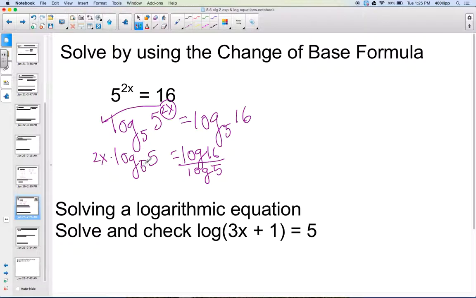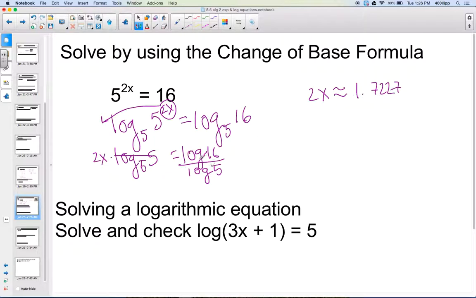For this, log base 5 of 5, we know that's a 1, because when these are the same number, it's just going to be a 1. So we'll get 2x is about, I'm going to evaluate log of 16 divided by log of 5. And that's going to give us about 1.7227.